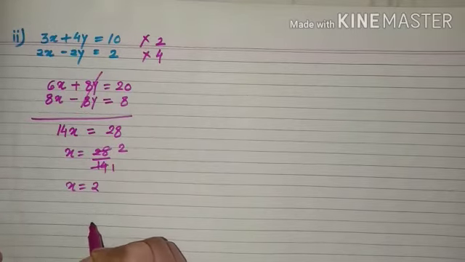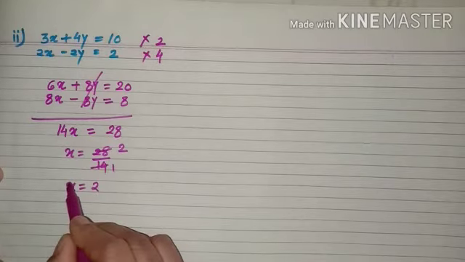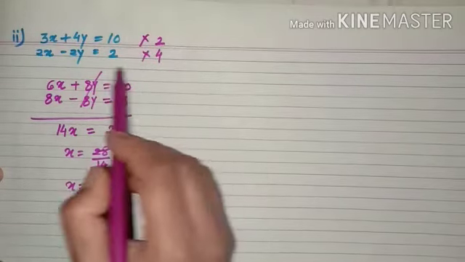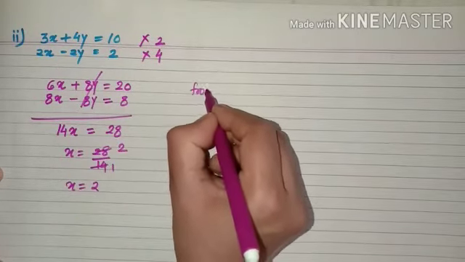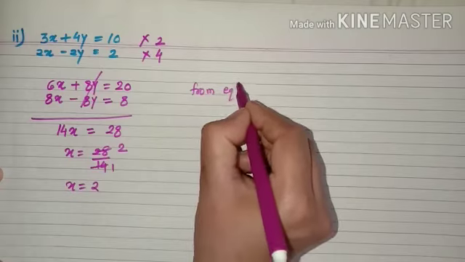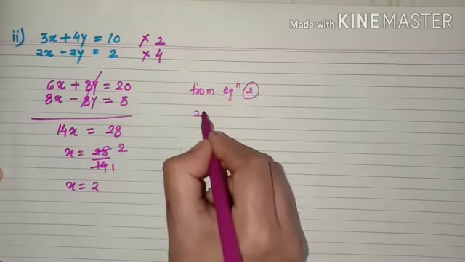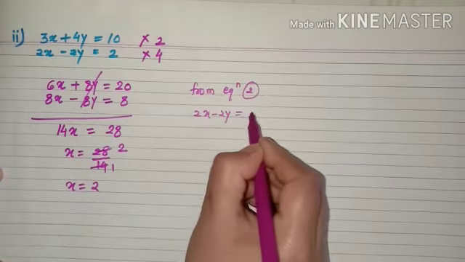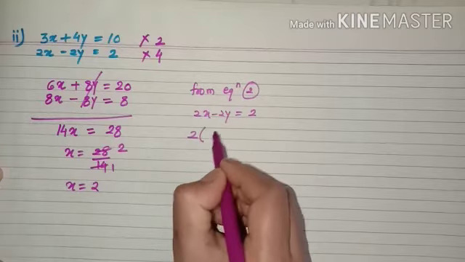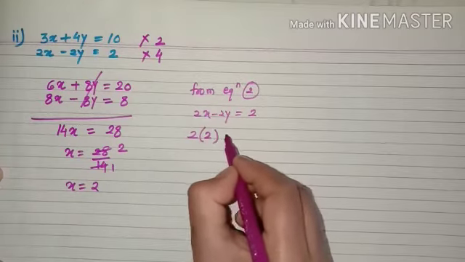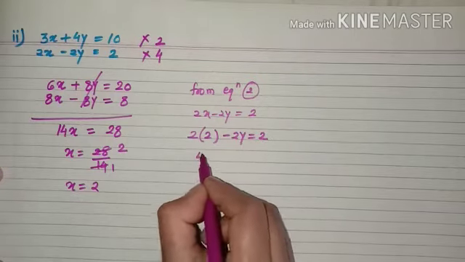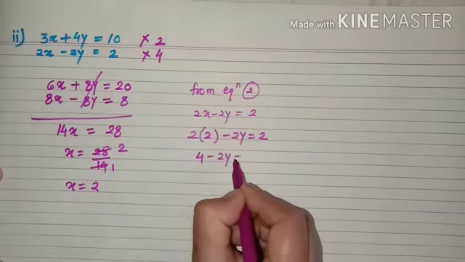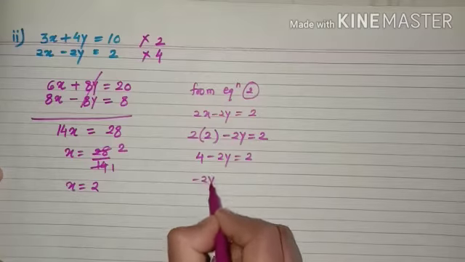Now you have to find the value of y. You can substitute the value of x in any of the equations. Since the second equation is simple, from equation 2, 2x minus 2y equals 2, if you substitute the value of x, 2 2s are 4 minus 2y equals 2.